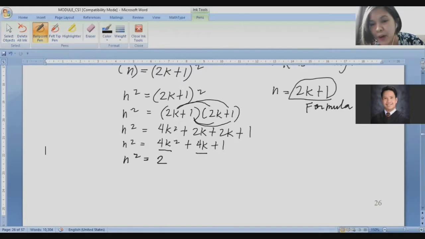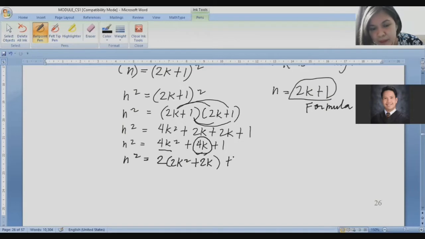Okay? That one in the upper right. Then, what I will do is factor out each term of the previous equation. Each term, 4k squared and 4k, I will divide by 2. Then, 4k squared divided by 2, that is 2k squared. Did you get it? Then, plus, 4k divided by 2, their common factor 2, that's 2k.